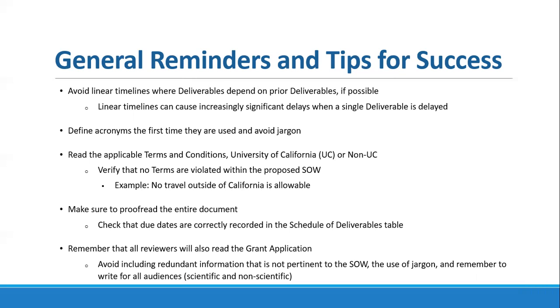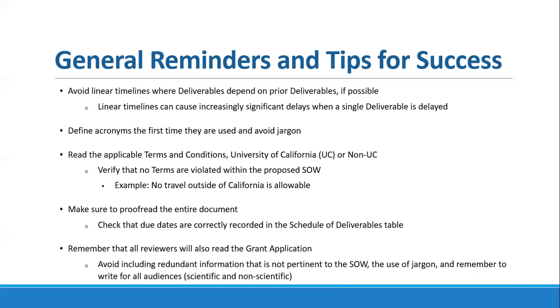Make sure to proofread the entire document, particularly for things like due dates being mirrored correctly between the schedule of deliverables table and what is written in the deliverables, and that your task budget adds up to the same amount as present in your total direct costs. There are a number of locations where information is placed in one or two or even three places.